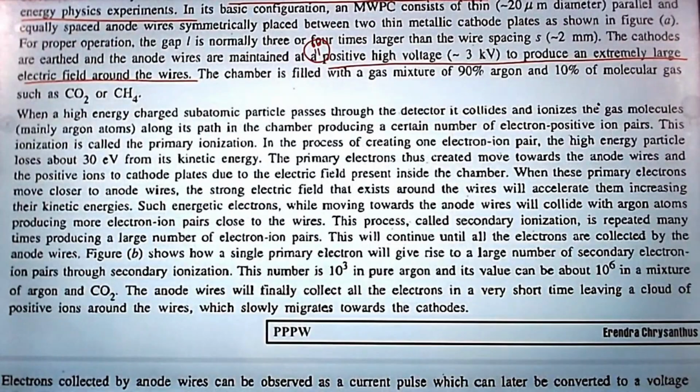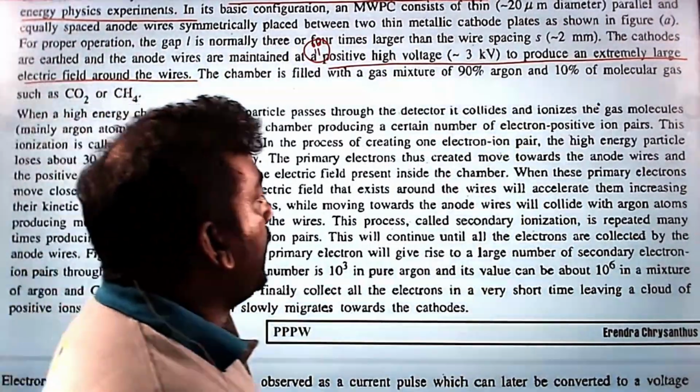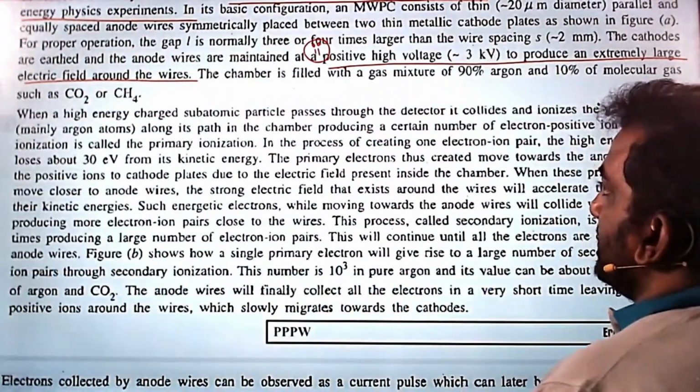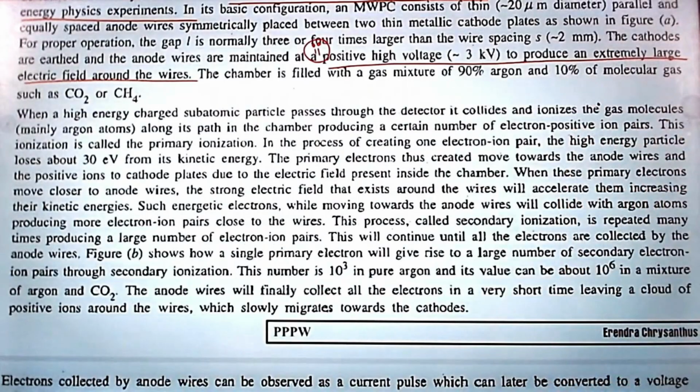In producing each electron ion pair, the high energy particles lose about 30 electron volts from their kinetic energy. The primary electrons thus created move towards the anode wires and the positive ions to the cathode plates due to the electric field present.